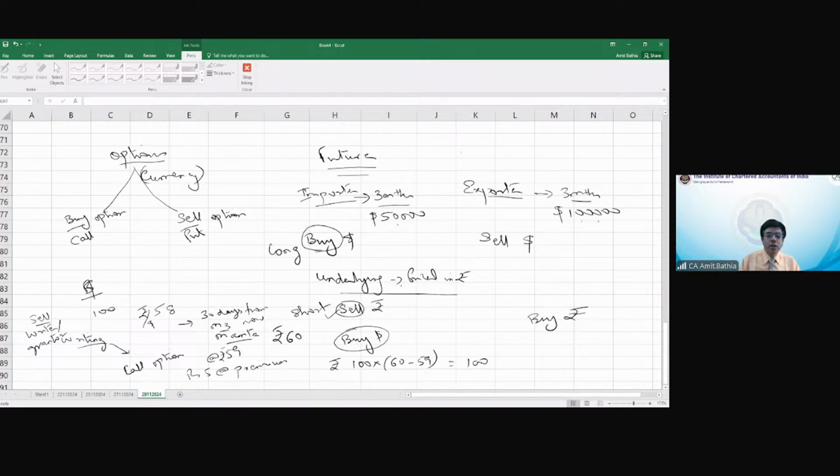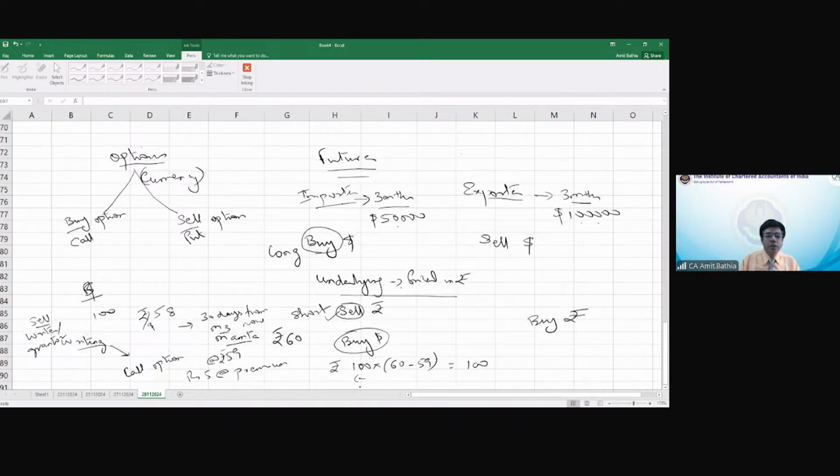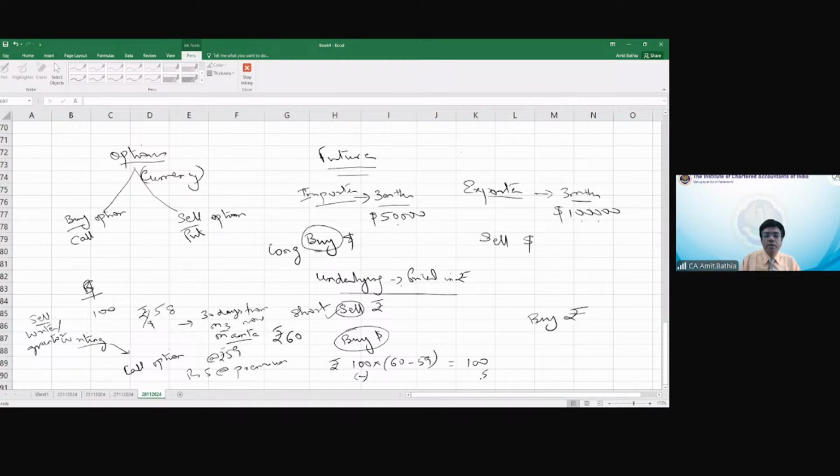So she is making 100 rupees as a profit. However, for earning this 100 rupees, she had paid me a premium of 5. Her net profit is 95 rupees. Are you all with me?